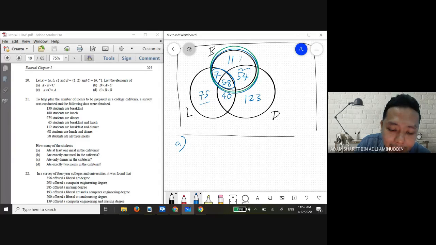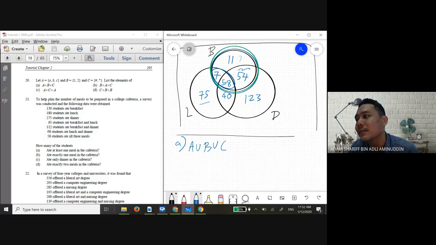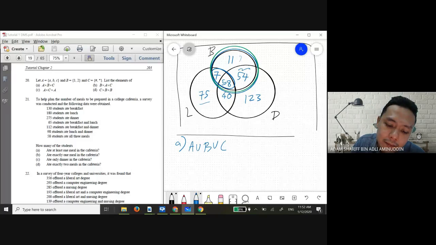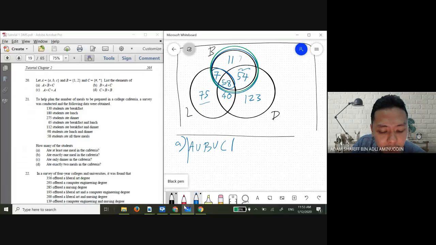So for A, who ate at least one meal in the cafeteria, it actually means A union B union C. Kalau dia main macam ni saja direct, then you can use the previous formula of A union B union C, which is the cardinality, which is this.